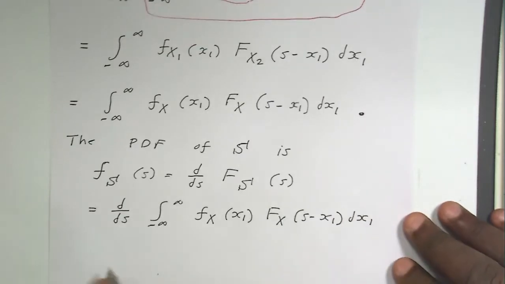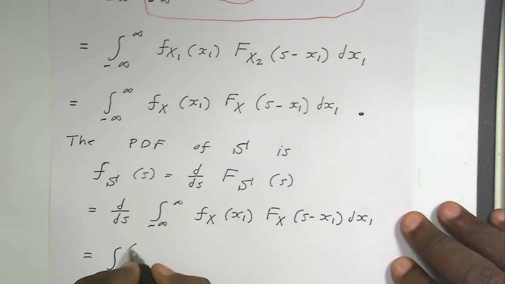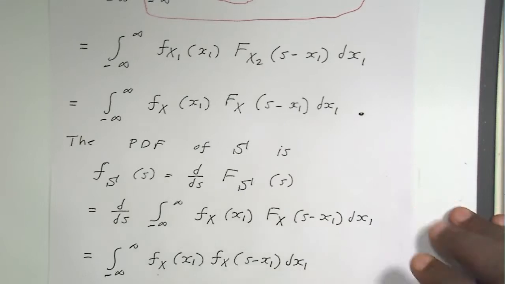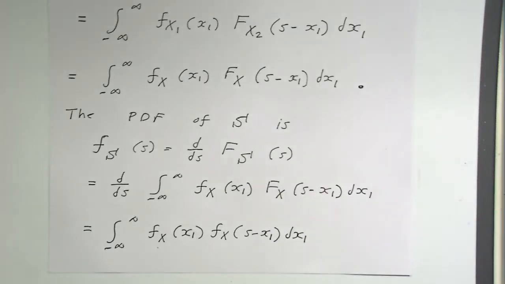So if you differentiate this, you get okay. All right, guys. So this is the formula for the PDF, the density function of S when n equal to 2. Okay.